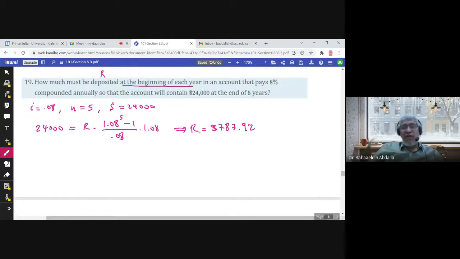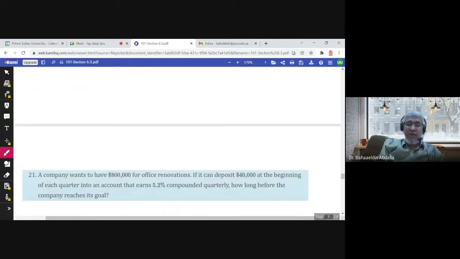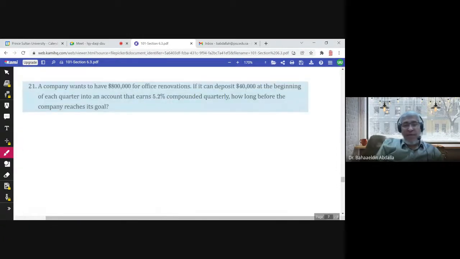Also, you can check that if you multiply this times 5, it should be less than the 24,000 because of the interest you get. 92 times 5, you get about 19,000. So it gives you an indication that your answer is acceptable.